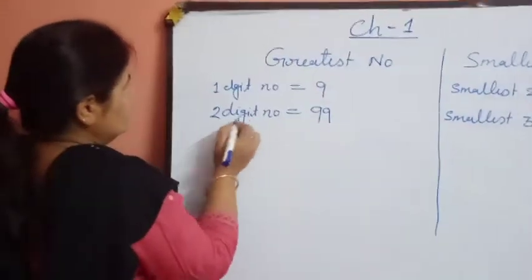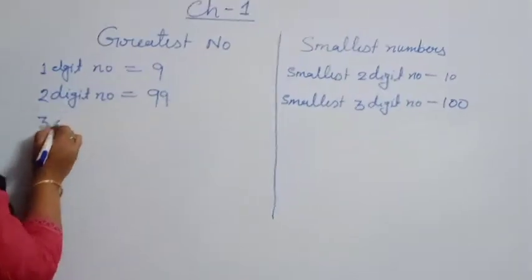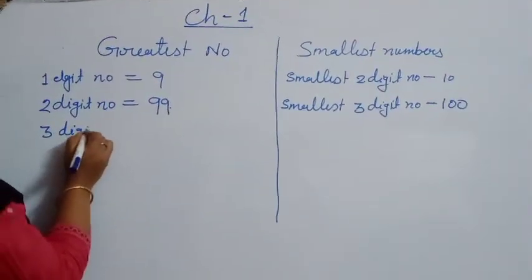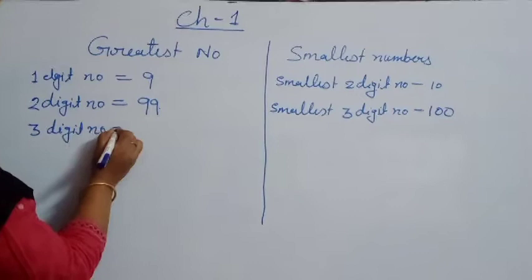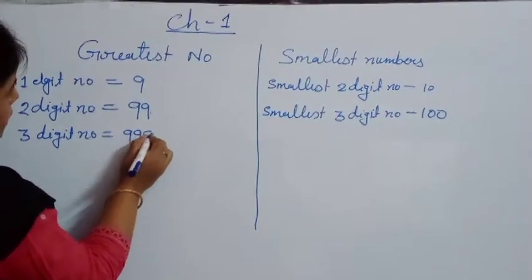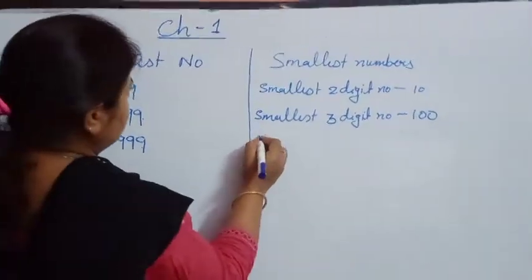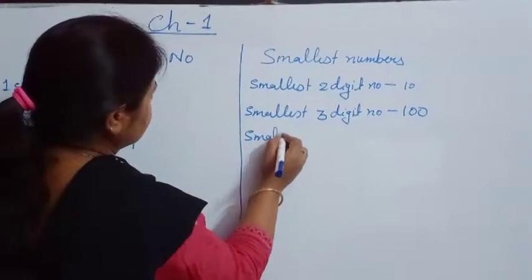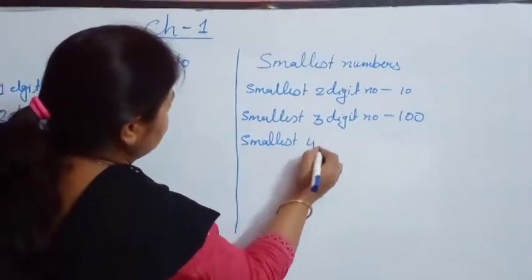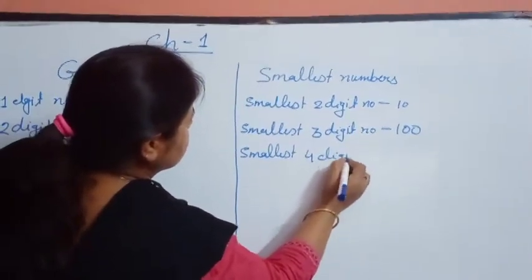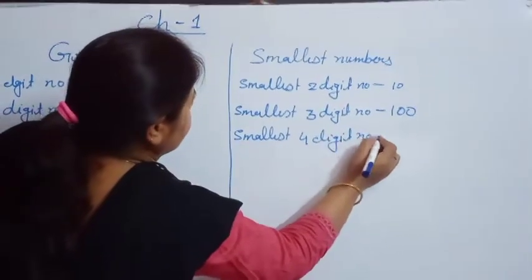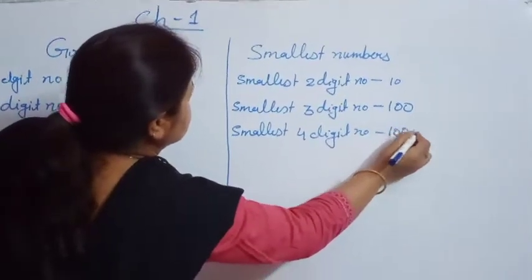Then greatest three-digit number, 999. And smallest four-digit number, 1000.